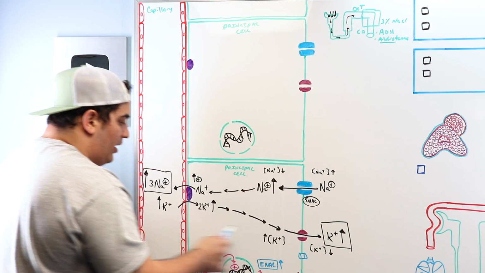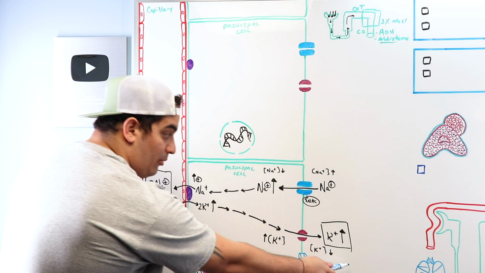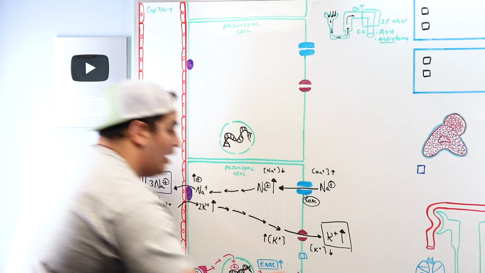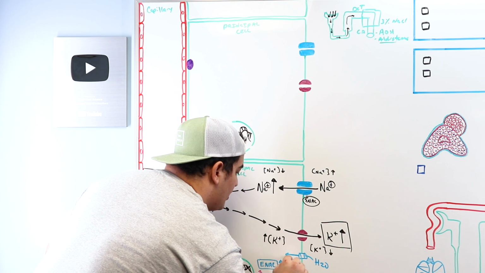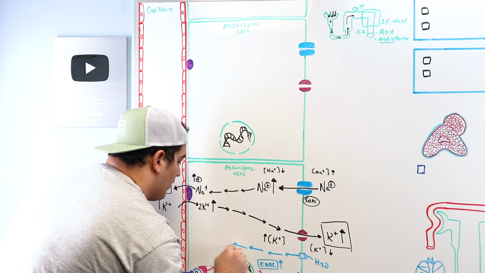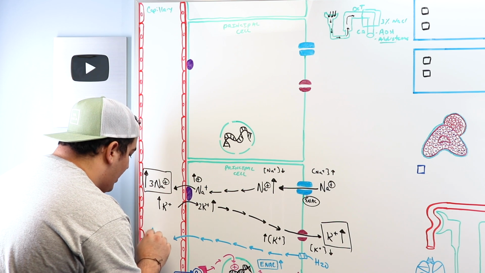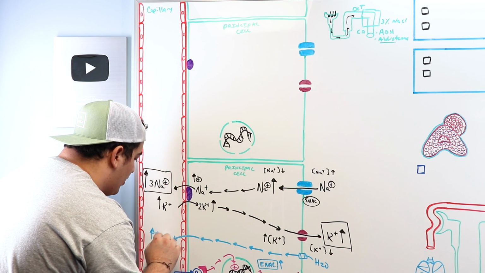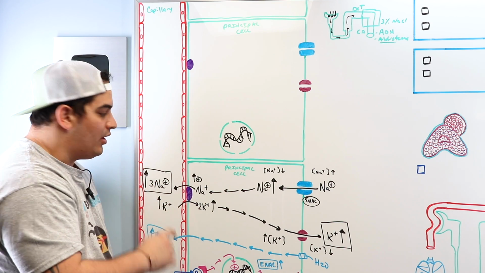From the tubular lumen into the blood. Where does water want to follow? From the tubular lumen into the blood. And so the water will follow the sodium into the blood. And so now we're going to have an increase in water reabsorption due to an increase in sodium reabsorption.